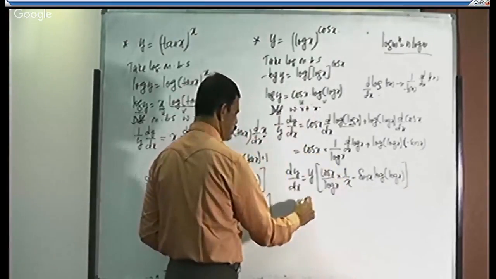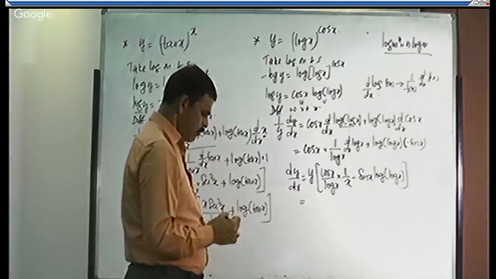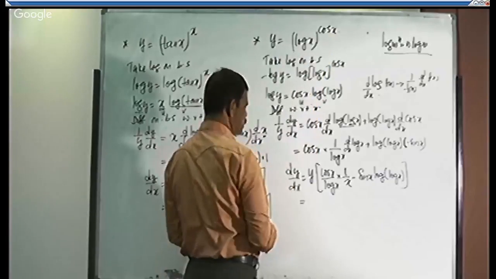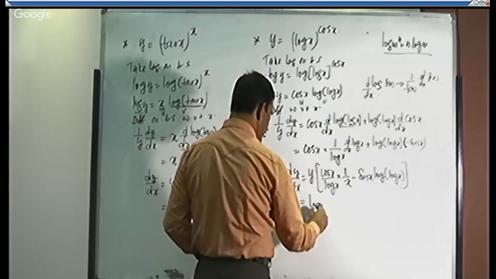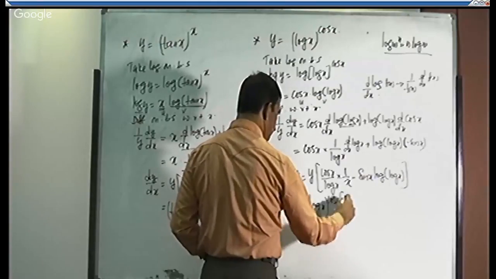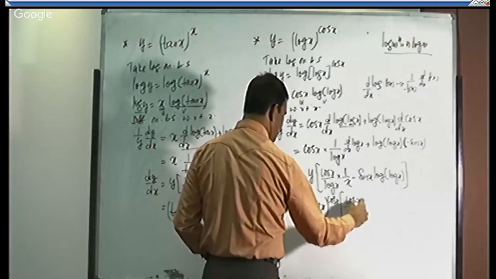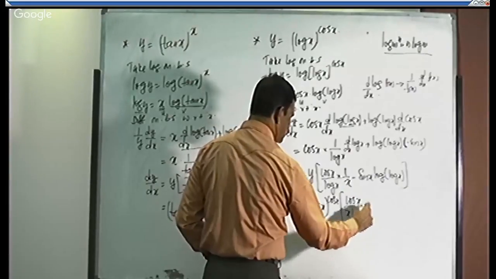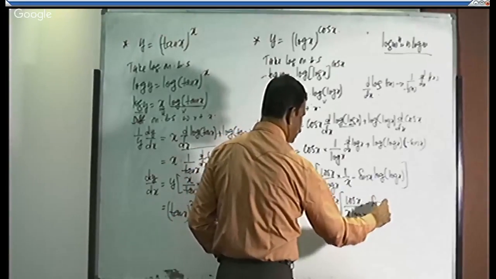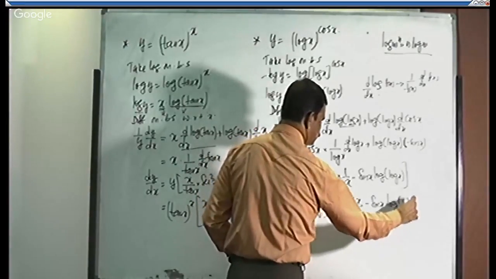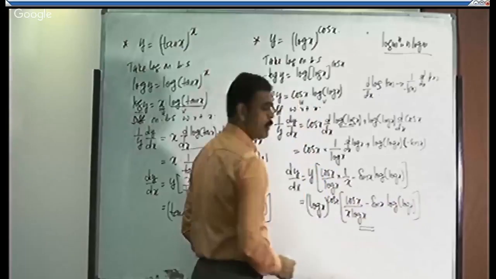Or you can write the y value. What is the y value? y is log x to the power of cos x. So y is log x to the power of cos x into cos x divided by x into log x minus sin x into log of log x, right?